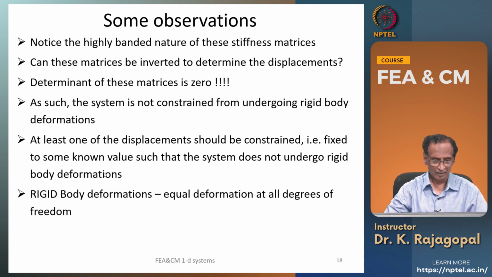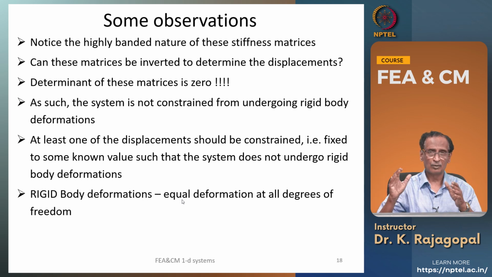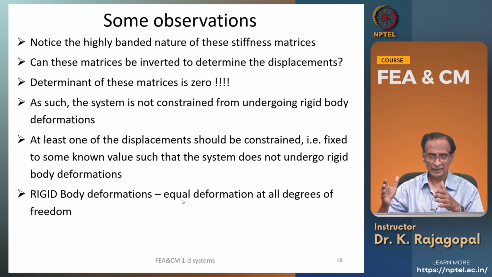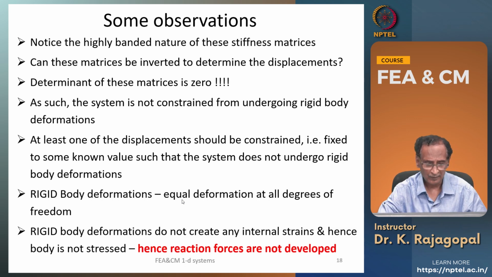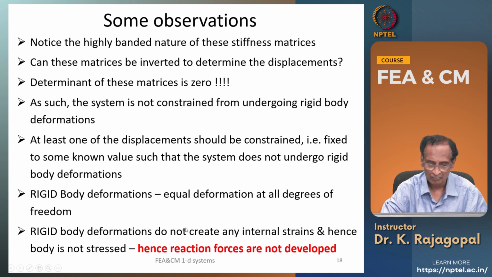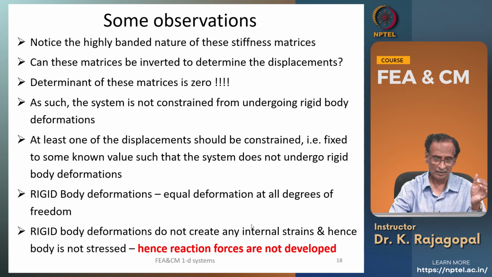And the rigid body deformation is a deformation such that all the degrees of freedom undergo the same, equal deformation. Okay. And the rigid body deformations as such do not create any internal strains, and hence the body is not stretched or stressed.